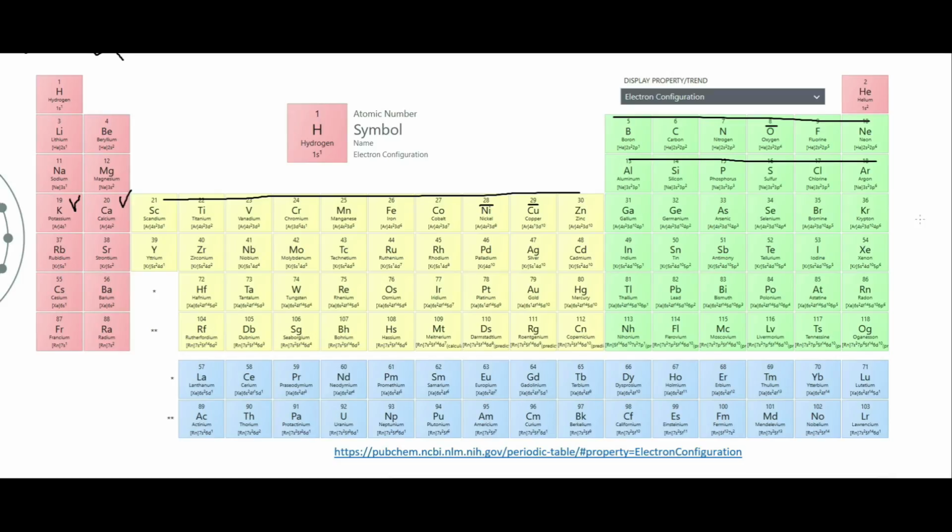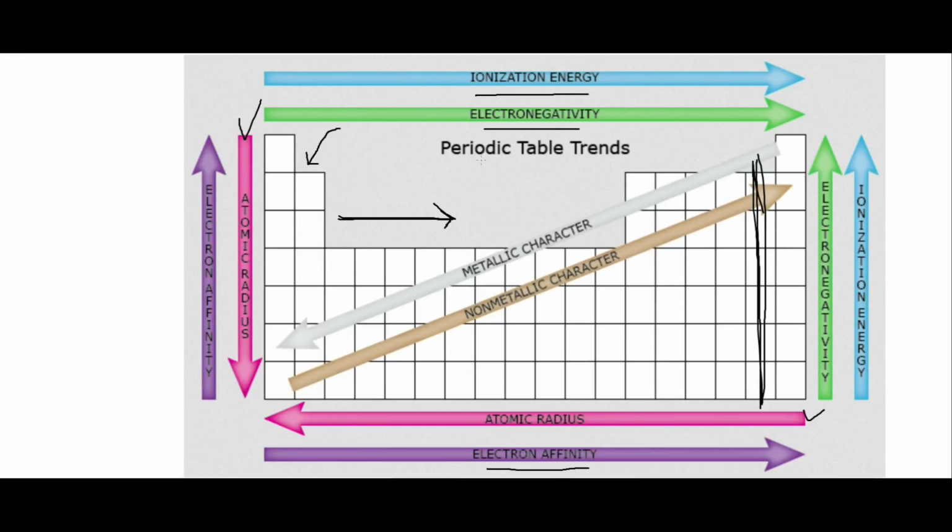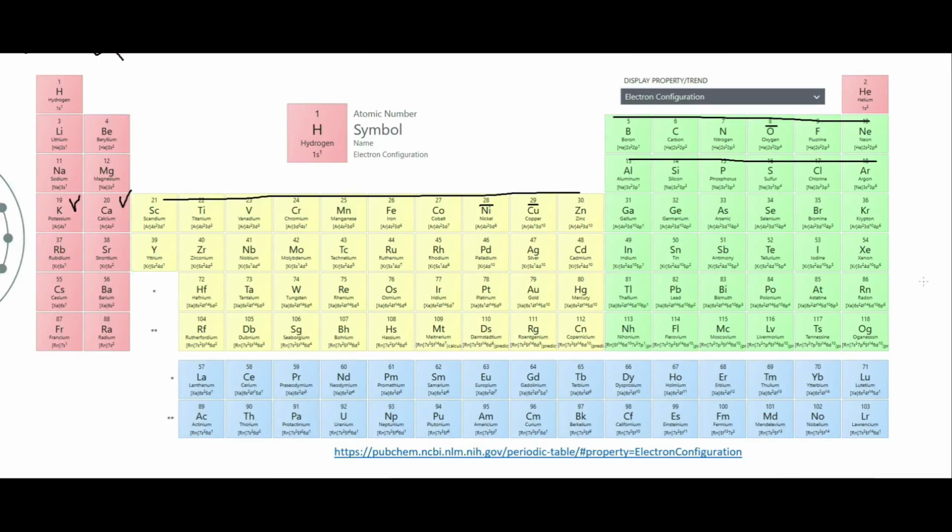It's built this way for a reason, and that reason is determined by quantum mechanics. And similarly, the periodic trends that we see can be explained by quantum mechanics, and in particular the shielding of the electrons from the positive charge in the nucleus.